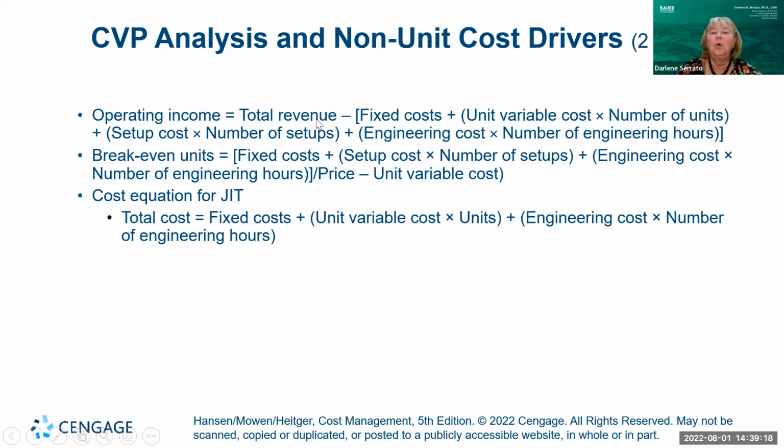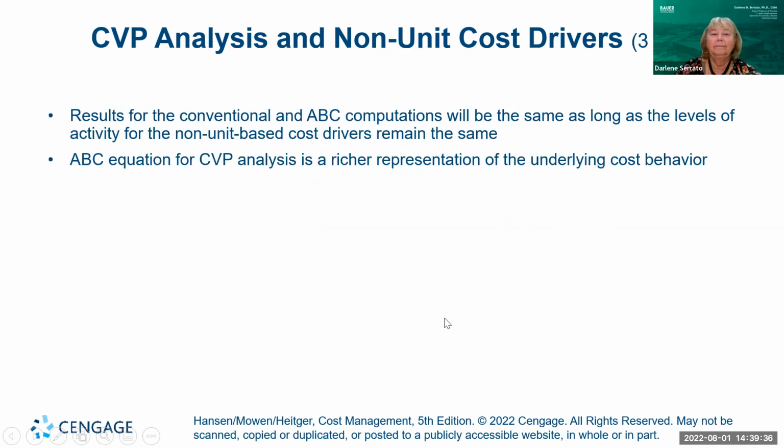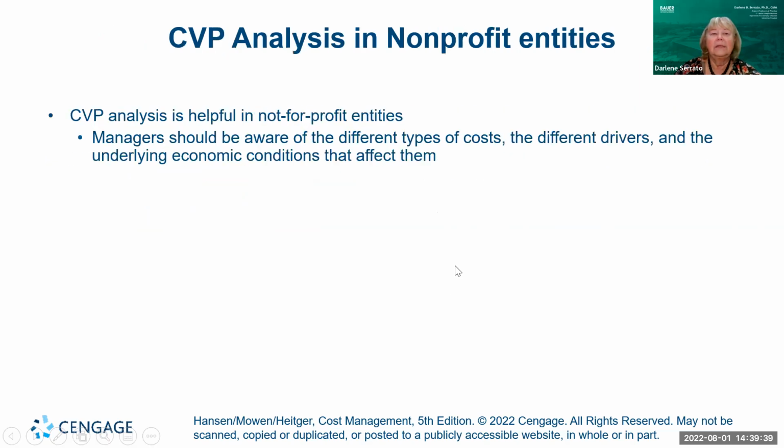So it's going to be total revenue minus fixed cost plus the variable cost plus the setup variable product cost here plus the setup cost, the engineering, okay?